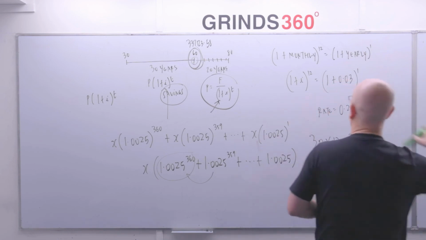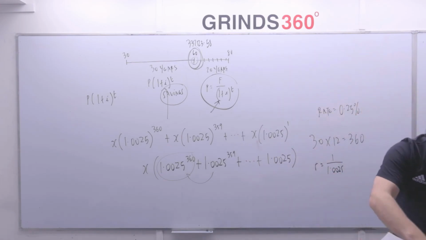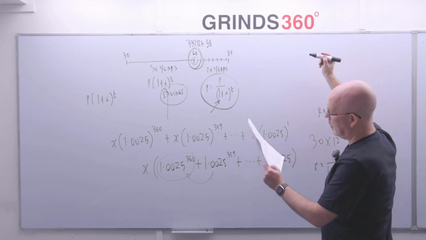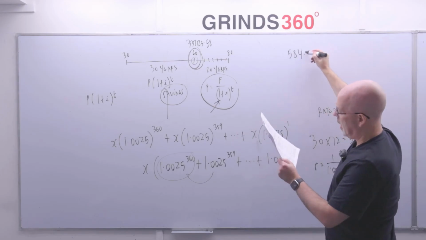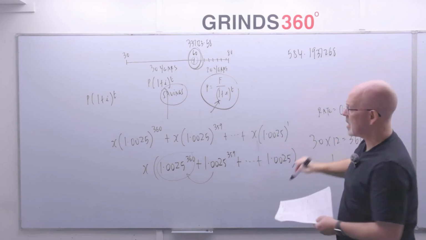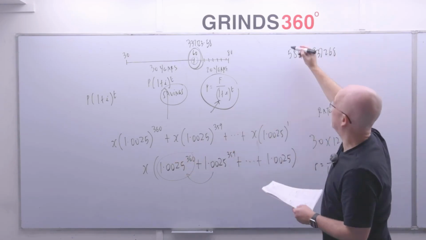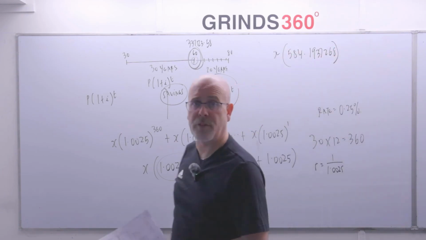The value I got when I added up those 360 numbers was 584.1937268. So that's what the list of numbers adds up to. Multiplying that by X, remember, should give us the value of the pension fund he saves up.